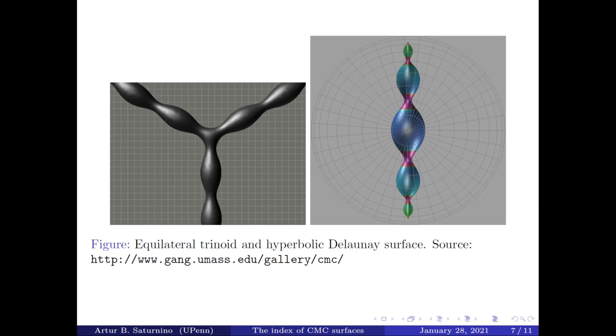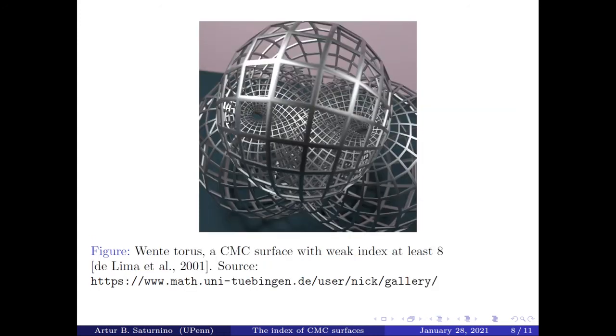And this look that they have, of bubbles glued together along a string, is how we expect CMC surfaces of high mean curvature to look. And this last example is the Wente torus, which is a CMC torus immersed in R3. It's one of the first non-trivial examples of a CMC surface that was found, and it turns out to have weak index at least 8.